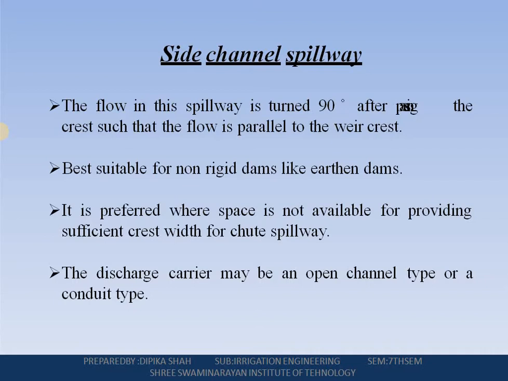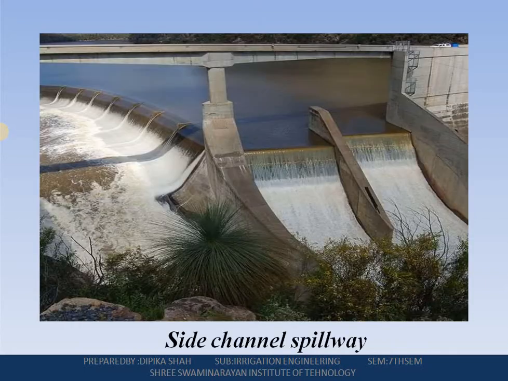The discharge carrier may be an open channel or a conduit type, right? The side channel spillway is also the best choice where a long overflow crest is desired in order to limit the surcharge head and abutment stress, right? So this is the figure of a side channel spillway. You can see it in this figure.